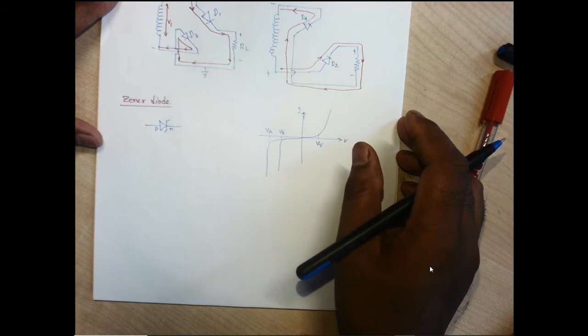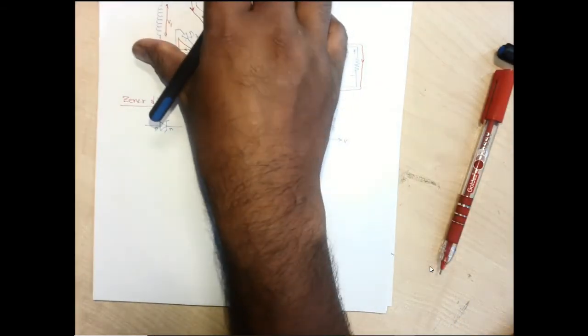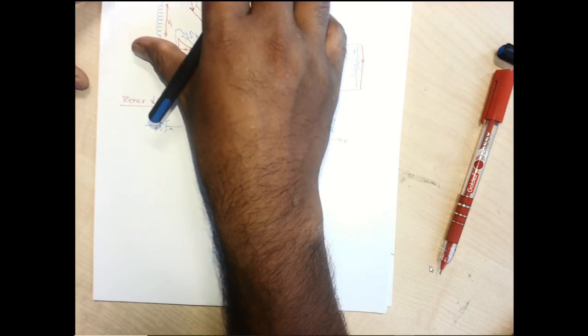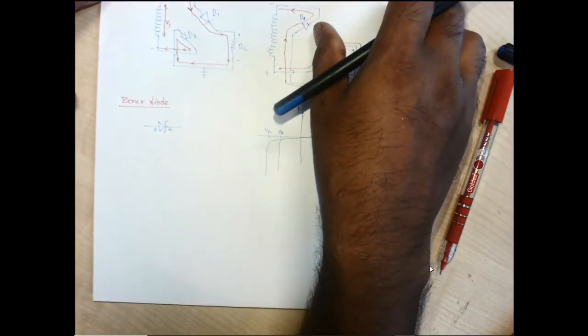Zener voltage regulator. So there are different ways of regulating this voltage. Whenever we are having regulation, we can have fluctuation in two parts.